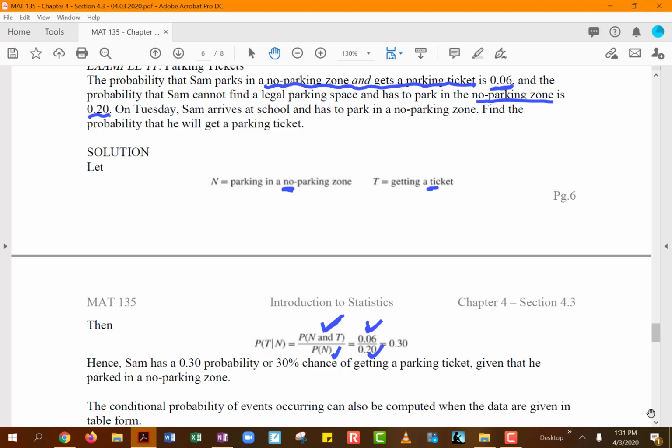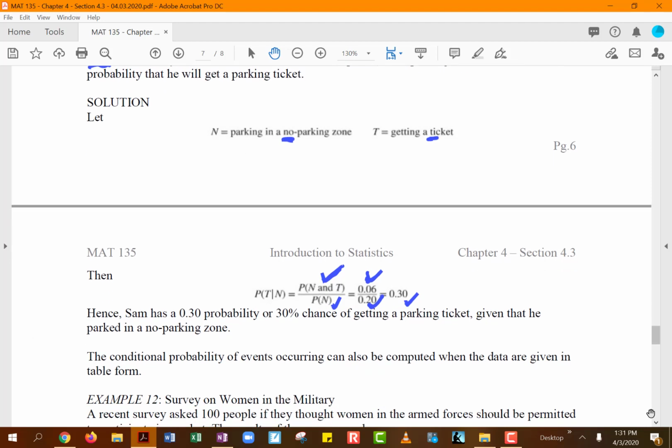So when you do that little division, you end up getting 0.30, which is the probability of getting a ticket given that he's parking in a no parking zone. So that's your 0.30, or a 30% probability that he's going to get a ticket given that he parked in a no parking zone.